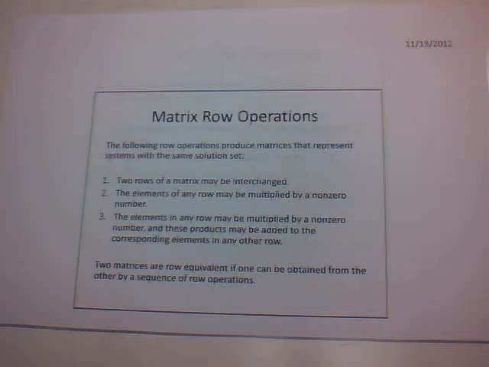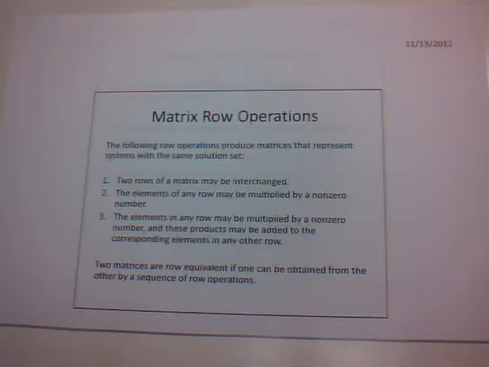Number two, the elements of any row may be multiplied by a non-zero number. And then third, the elements in any row may be multiplied by a non-zero number, and these products may be added to the corresponding elements in any row.